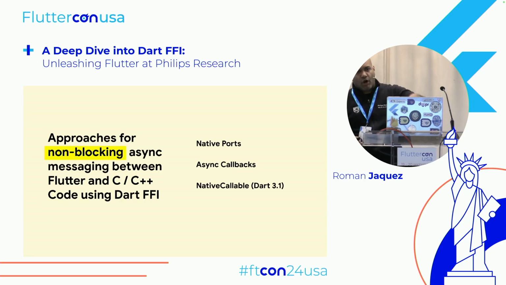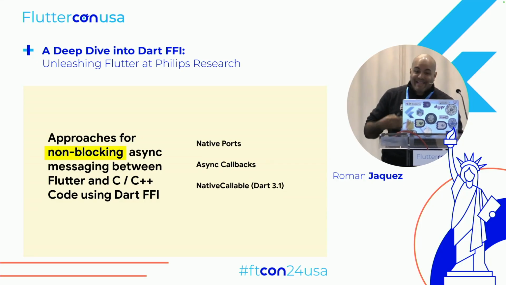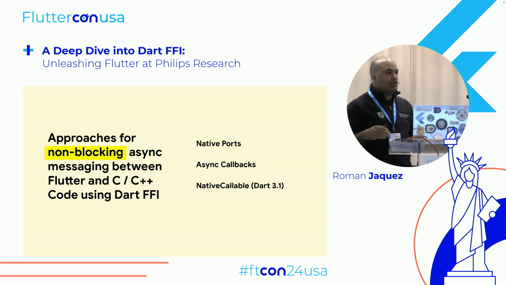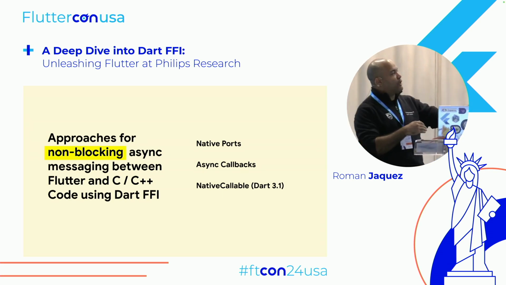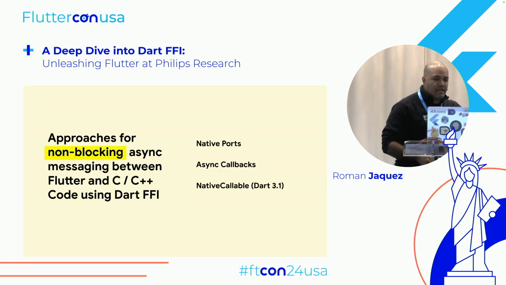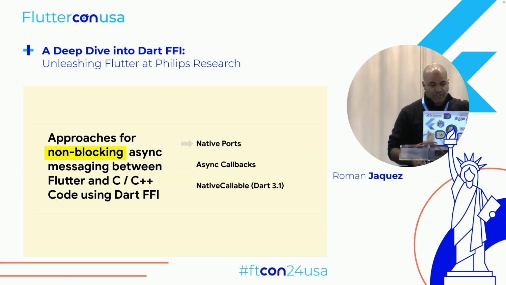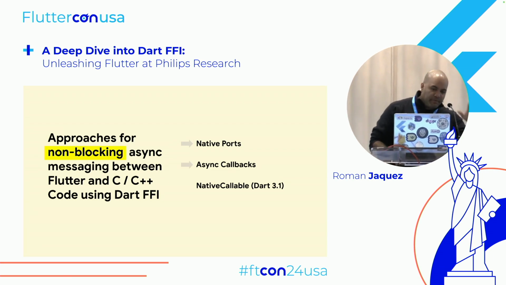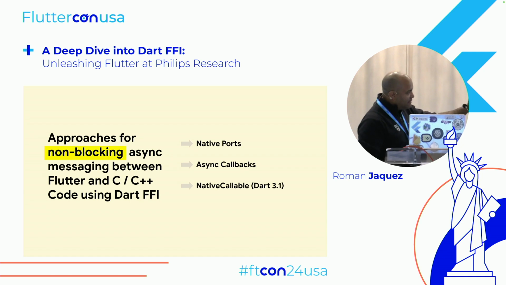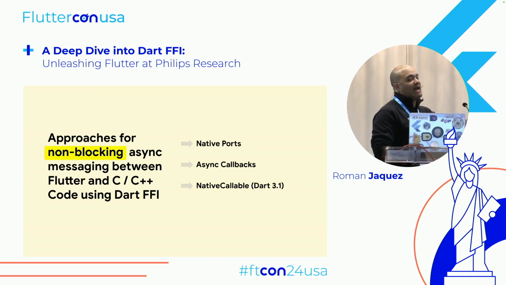So the three approaches, because everybody knows that Dart FFI doesn't support asynchronous functions right now. Dart FFI calls are synchronous in nature. All the calls to Dart FFI are synchronous in nature. So the three approaches that we're going to be discussing today are native ports, which we just showed a little bit, asynchronous callbacks or async callbacks, and the native callable, which actually was added to the Dart language in 3.1.